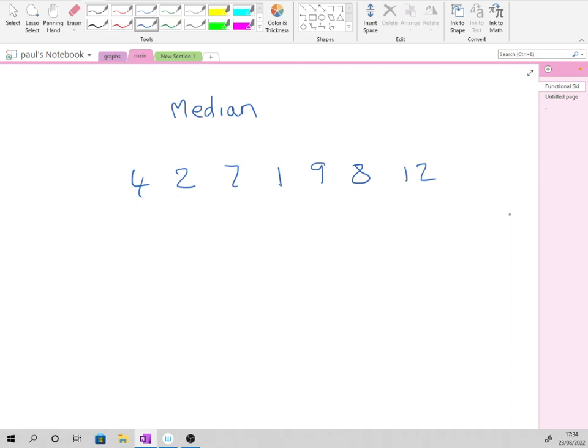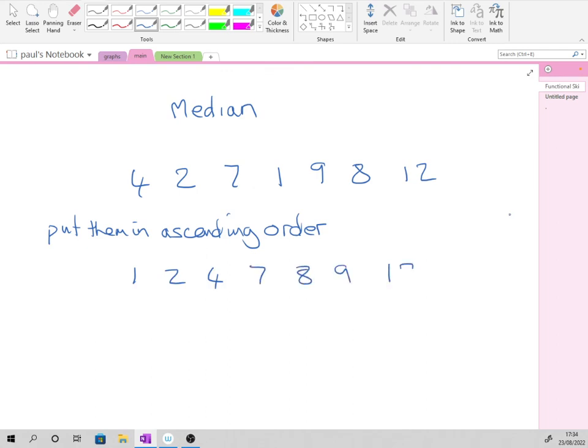So the first thing to do is put them in ascending order. Obviously, if you've got hundreds and thousands of numbers, you can't do that. But you won't get a question with hundreds and thousands of numbers, just nice little sets of numbers. So put them in order. So I've got 1, 2, 4, 7, 8, 9, and 12. And we would have to find the middle number.